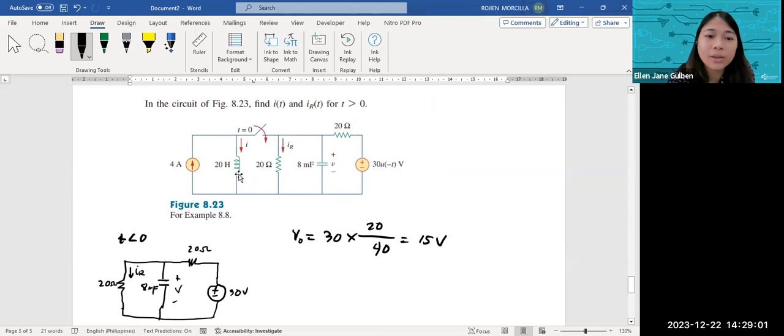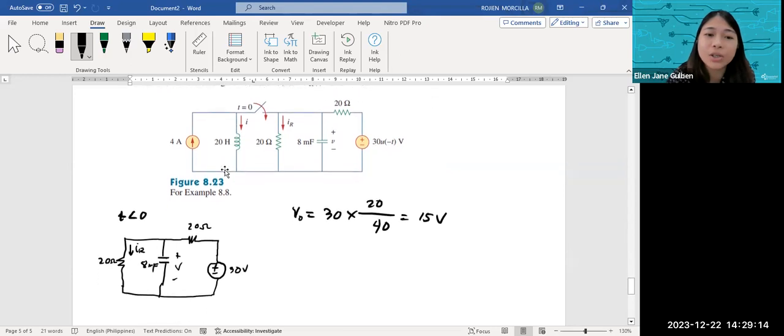Also, we see here that we have 4 amps and a 20 Henry inductor. Although this was separated from the circuit, we can also solve for the initial condition of our IL, the initial condition of our inductor current, which will be 4 amps.